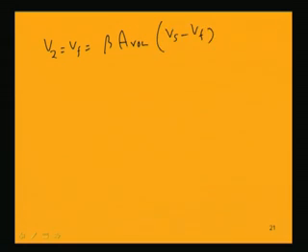So, we write again what is Vf: beta times AVOL into Vs minus Vf.